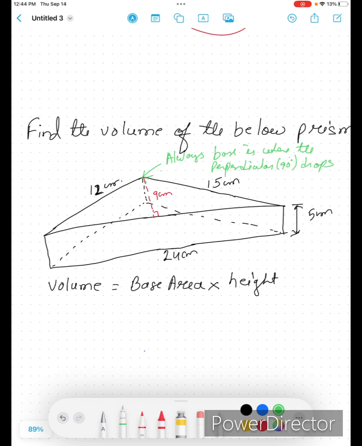Here it is 24 because this and this are parallel, so we can write 24 centimeter. So base area would be then half times 24 times 9.